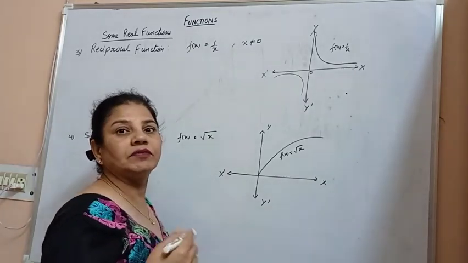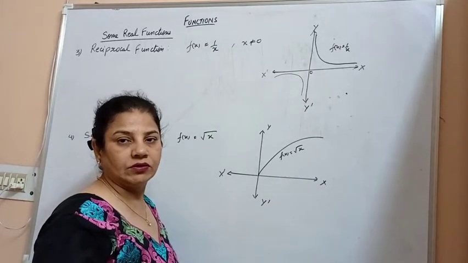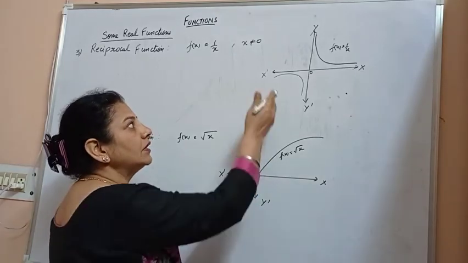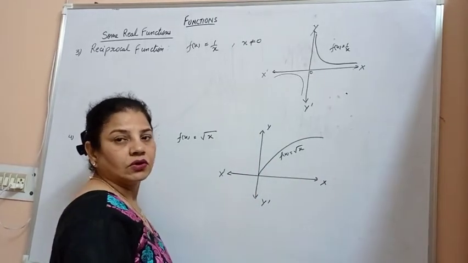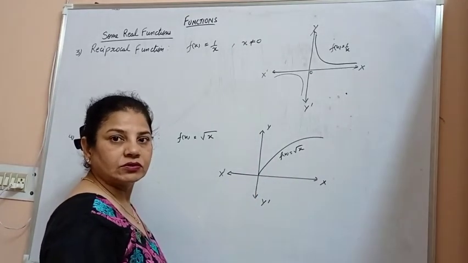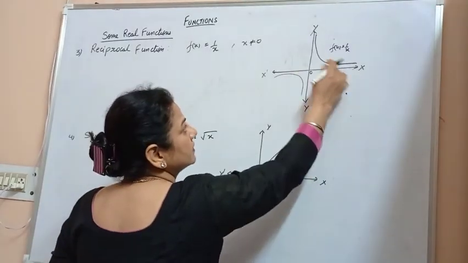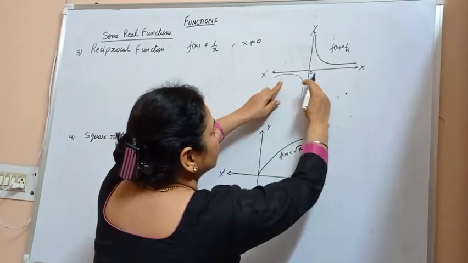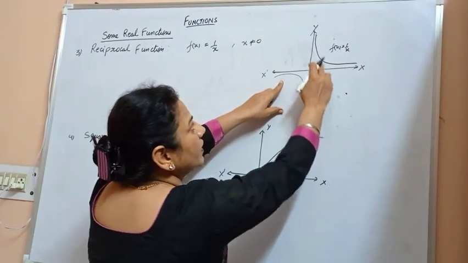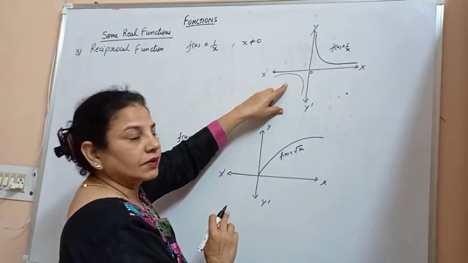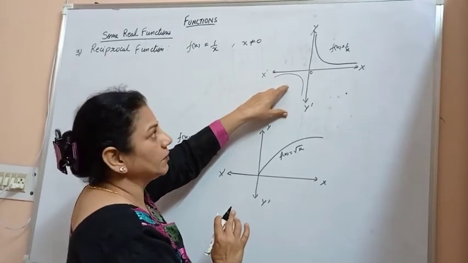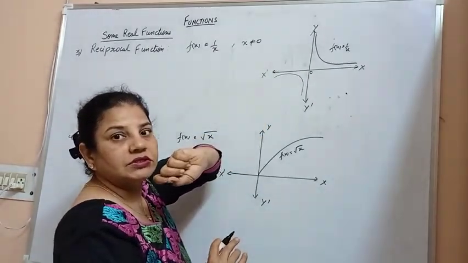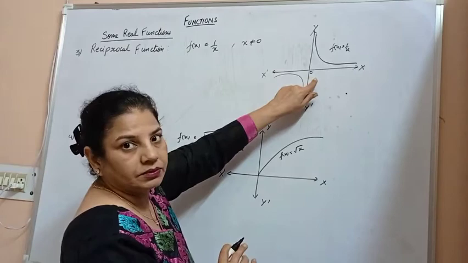Similarly, if you give a negative value to x, you get a negative value of f(x) also. So the graph is just like this. You can see that it is a kind of hyperbola where the origin is not included. 0 is not included in this case.